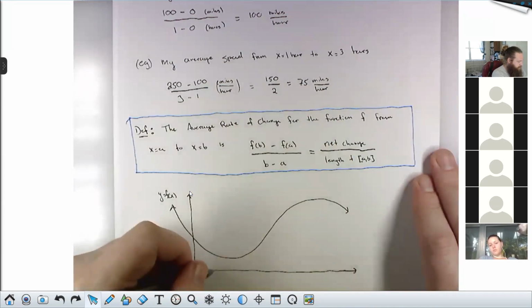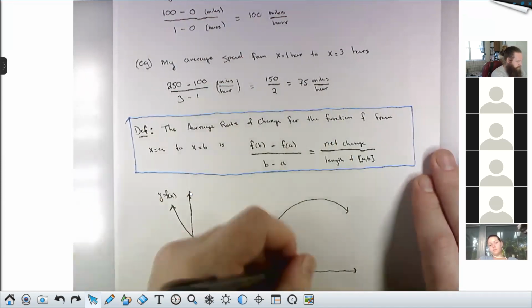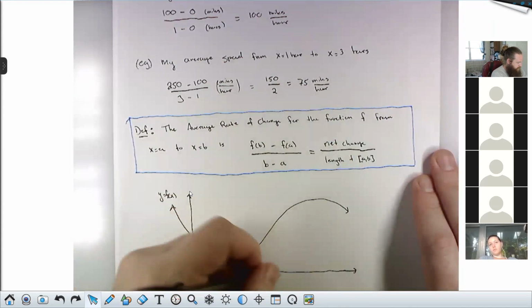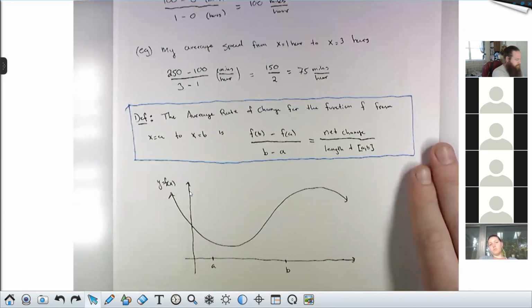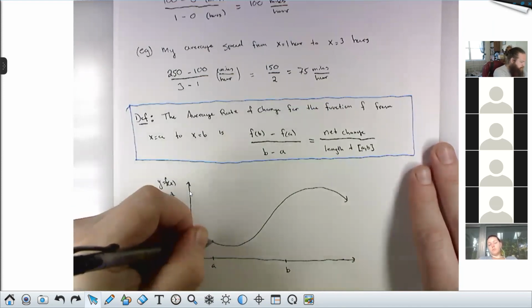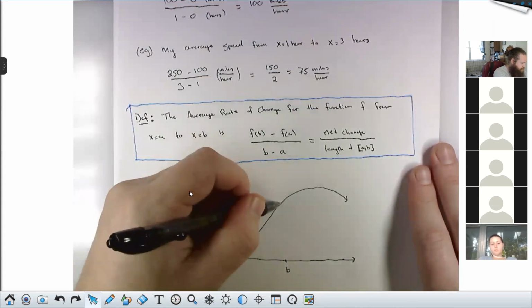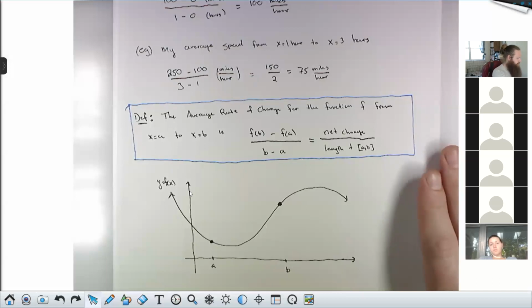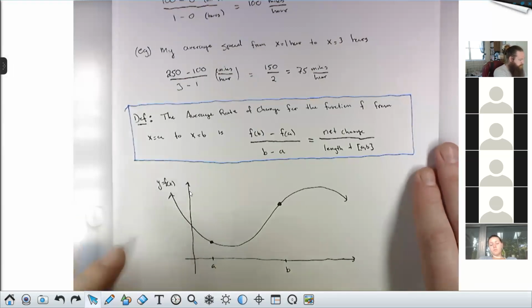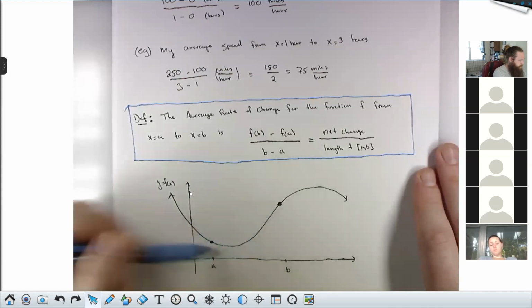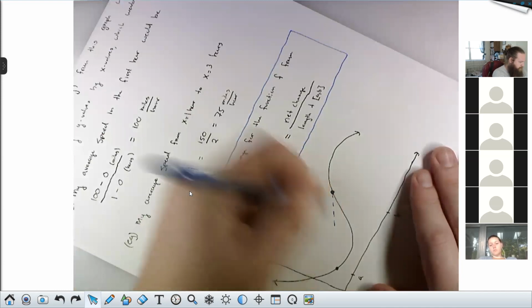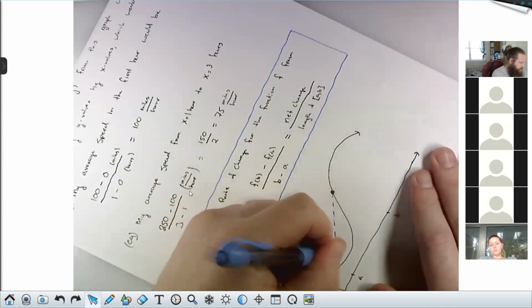And maybe I want to look from some x value over here, call it a, some x value over here, call it b. What we do is we think about those points on the graph. The average rate of change is going to be this rise over this run, which is the slope of this blue dashed line here.